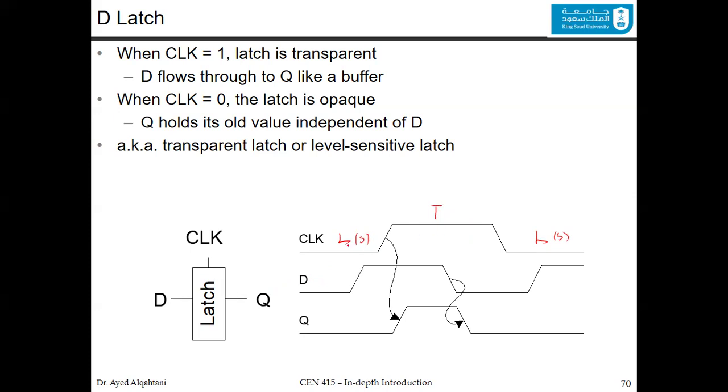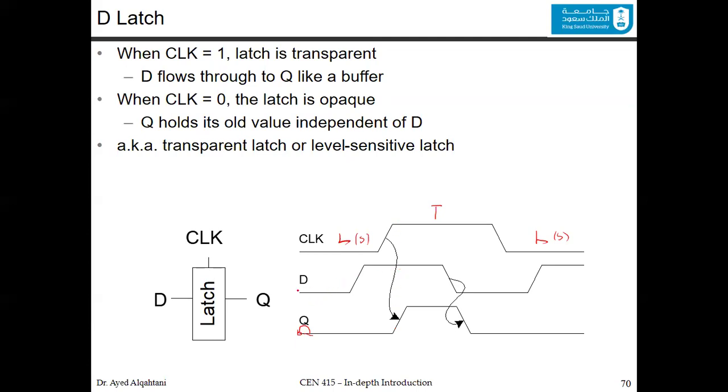So when it is low, the Q doesn't see the D at all. It has its old value. So if the old value is low, you continue low. You change the value only when the clock is 1. When the clock is 1, now the output checks the input.